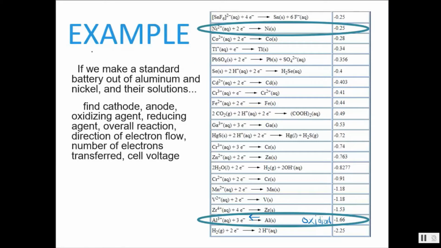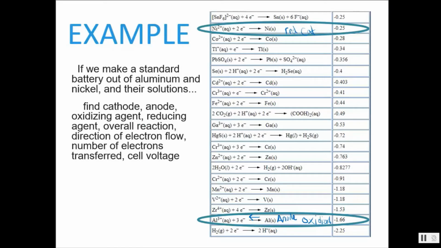Because this is a galvanic cell and the reaction occurs spontaneously, we should end up with a positive potential. So we're going to find the cathode, find the anode, and we could even do that now. Here, where reduction occurs, that's going to be our cathode. And then down here, where oxidation occurs, that's going to be our anode.